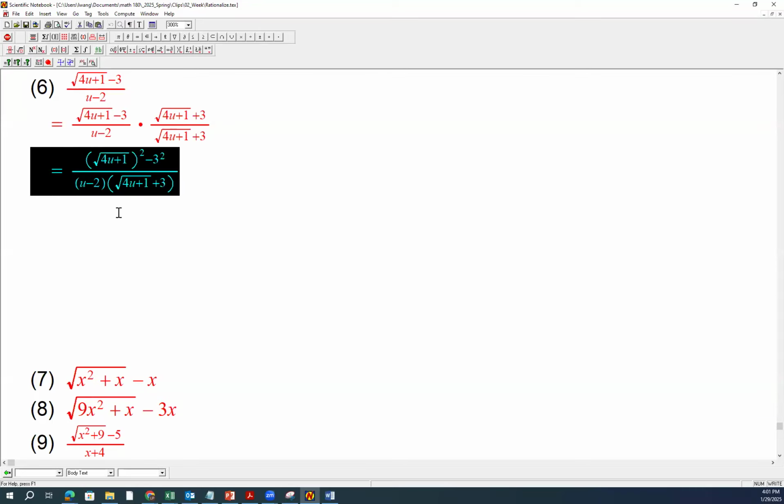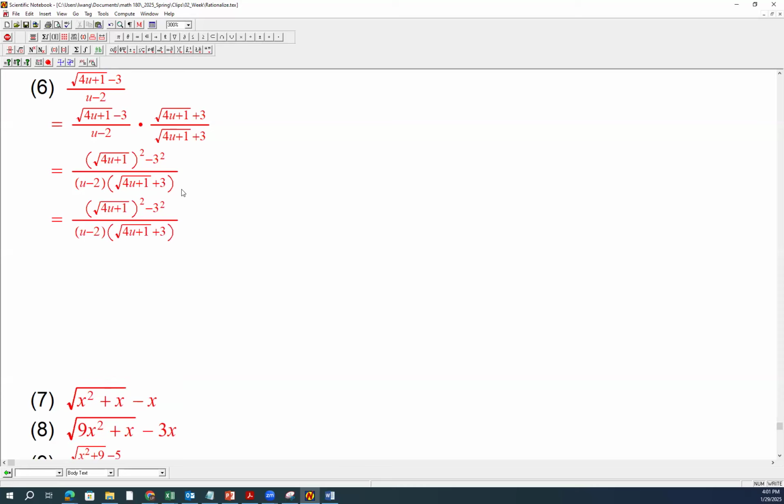And next, the parentheses in the denominator, both parentheses are necessary. Then you may ask me, should I FOIL the denominator? The answer is no, don't do it. Leave it. Okay?